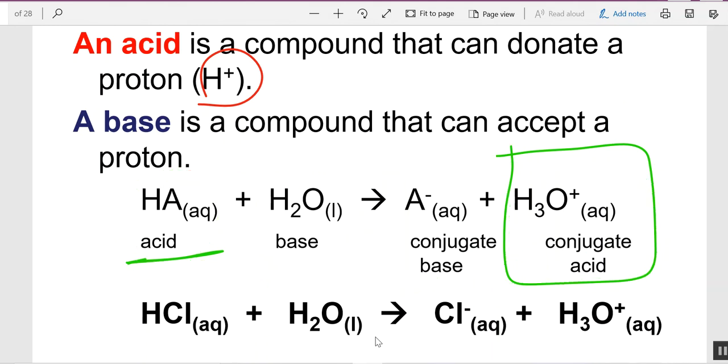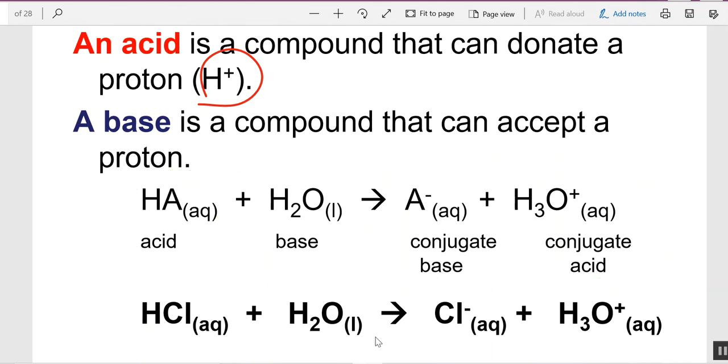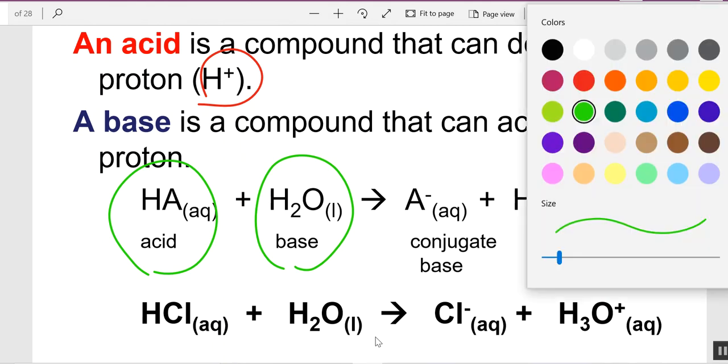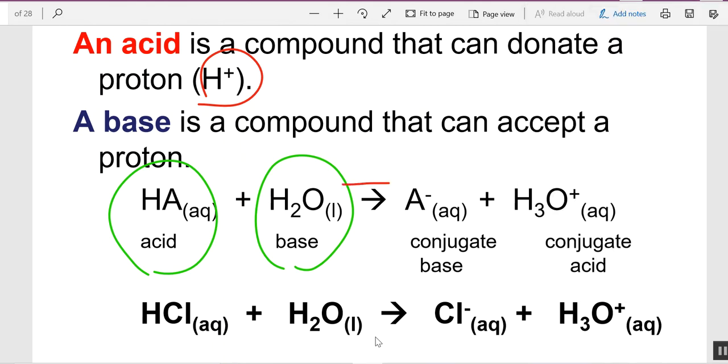Let's take a look at this again. Now if this is the acid and this is the base, that is a forward reaction. Sometimes the reaction can go backwards.